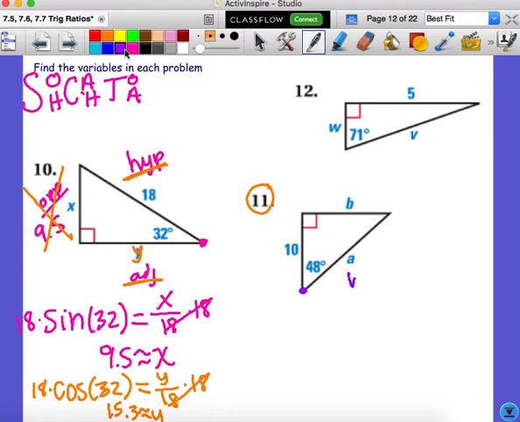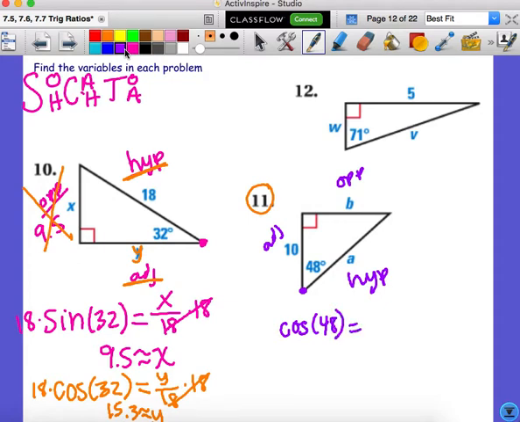For number 11, we have our hypotenuse, our opposite, and our adjacent. I'm going to solve again in alphabetical order. You can do whatever order you prefer. So if I'm focusing on the hypotenuse and I know the adjacent, that's the cosine ratio that talks about those two sides.